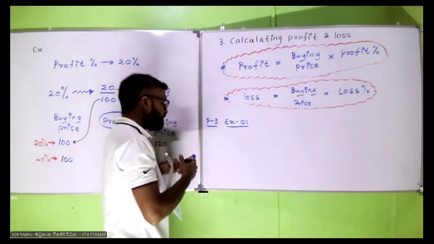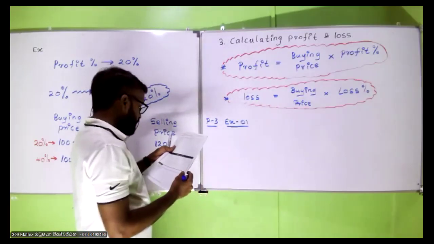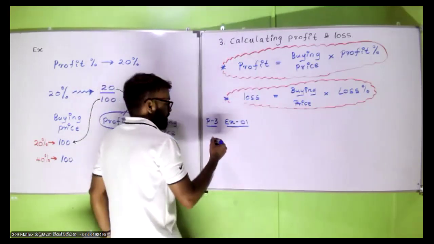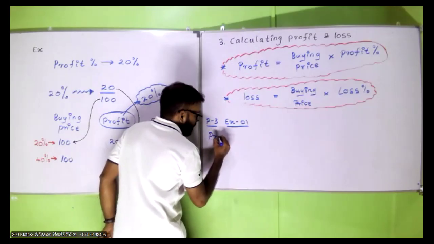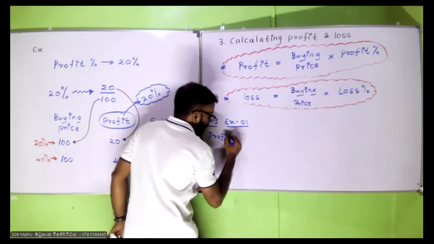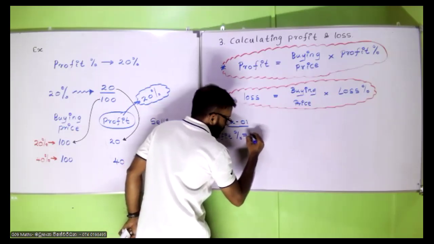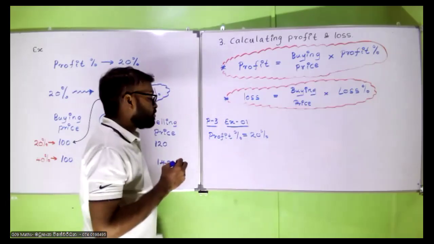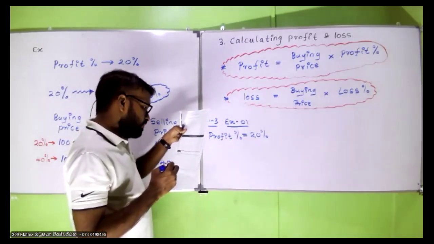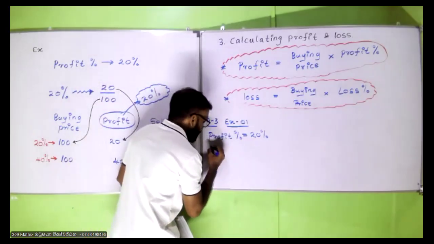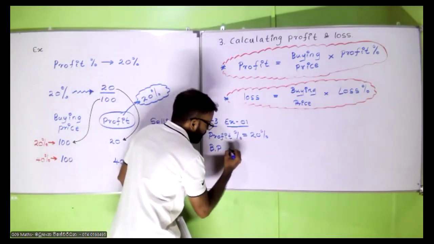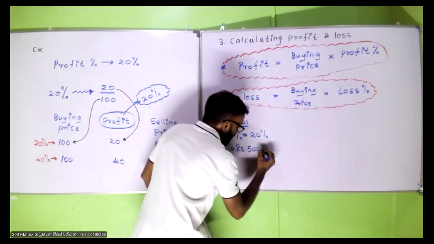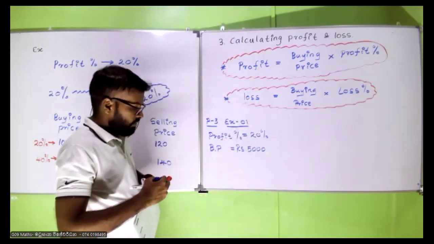So example number 1 says a vendor sells a cupboard to a customer by keeping a profit of 20%. So the profit percentage has been given. It is 20%. And the buy price is also here, 5,000 rupees.